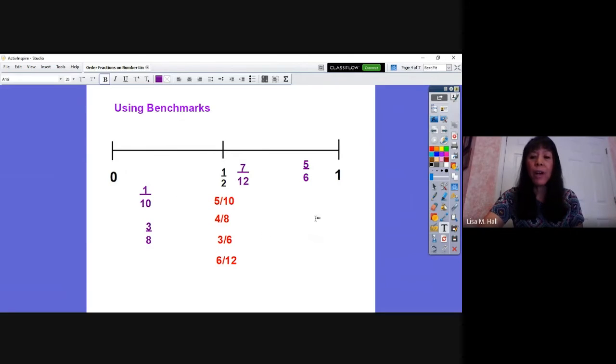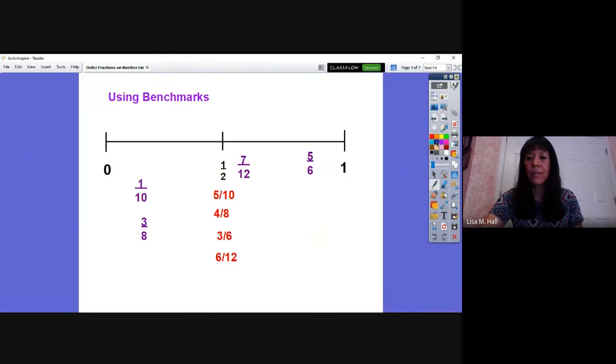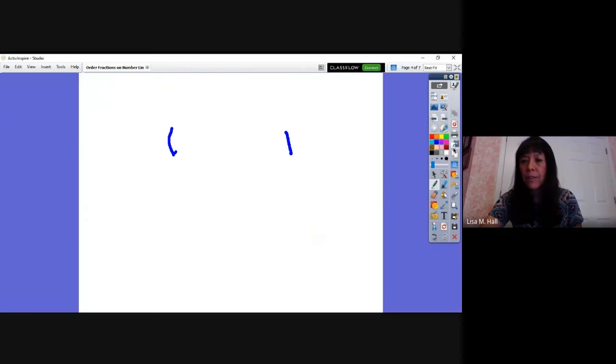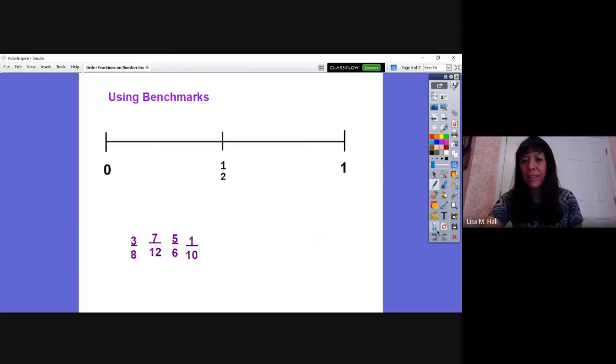3/8. Well, I'm going to go ahead and divide my number line into eighths because I've done this before, and I'm sorry these are so crooked, but these are fourths. I know what I can do. Let me make this look a little prettier. Oops. Oh, great. Let's see if I can bring it back.